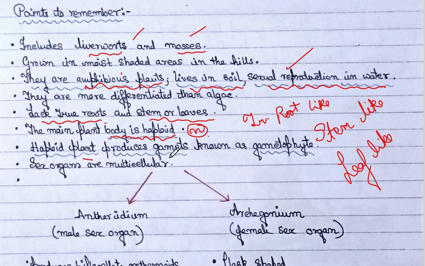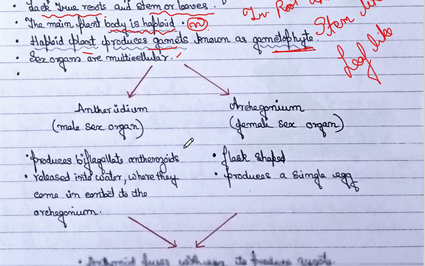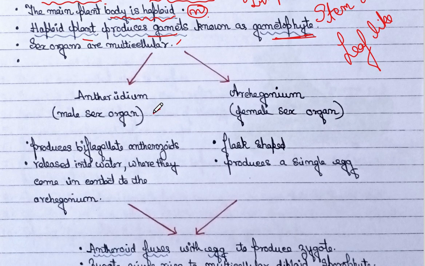Now these haploid plants produce gametes, therefore they are known as gametophyte. And the sex organs here are multicellular. The male sex organ is known as antheridium, the female sex organ is known as archegonium.